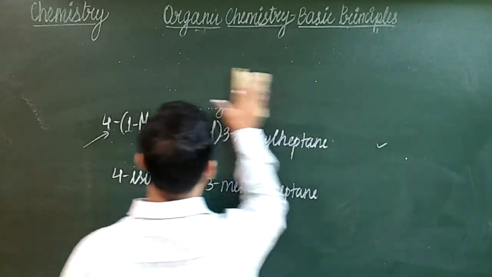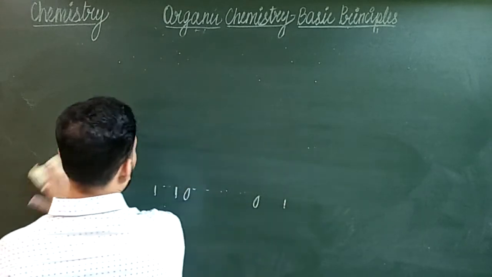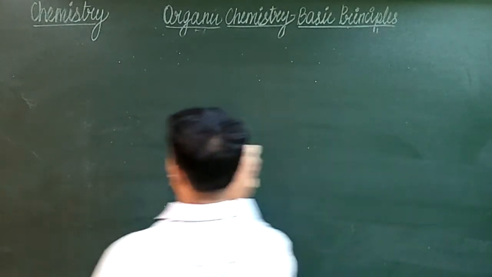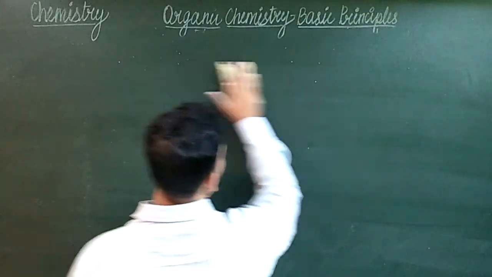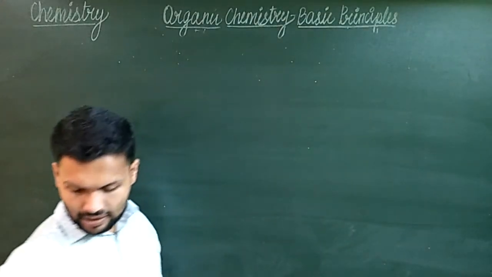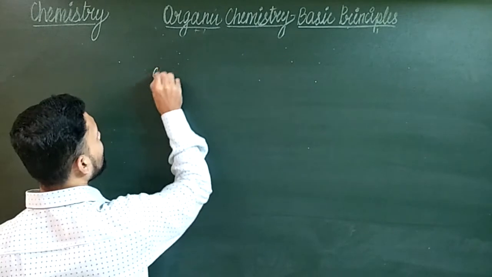Then one more rule to go with it. Now here if you see, the substituent and the complex substituent had the same alphabet. Okay? So I'll take one more example with this.